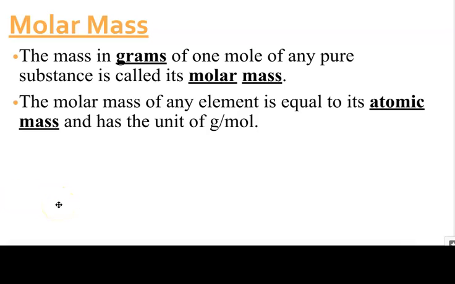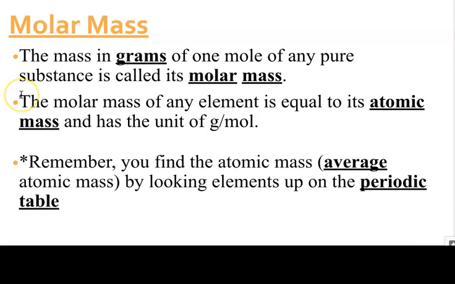The units for molar mass are g/mol, or grams per mole. And remember, just a quick reminder, you can find the atomic mass, the average atomic mass, by looking at the elements on the periodic table. So it's just the number on the bottom in the periodic table.